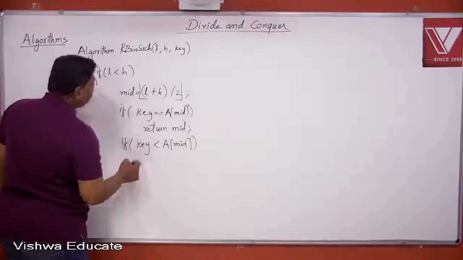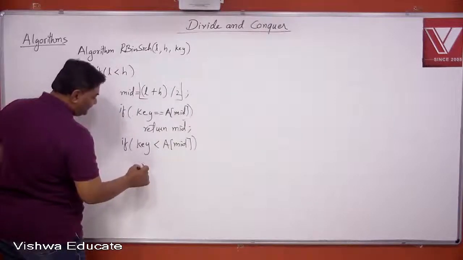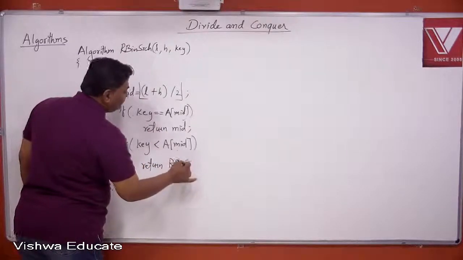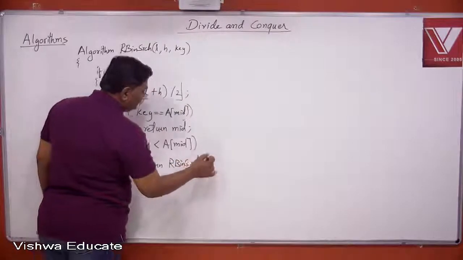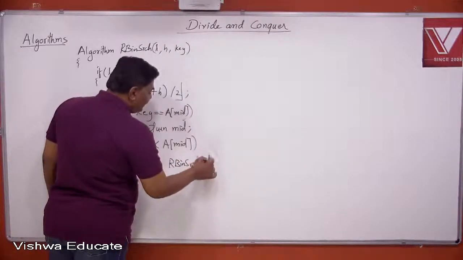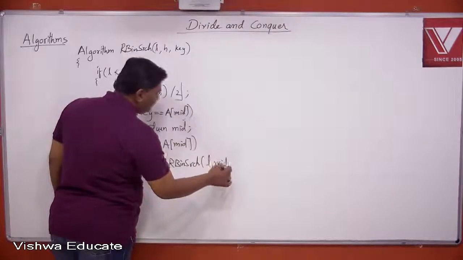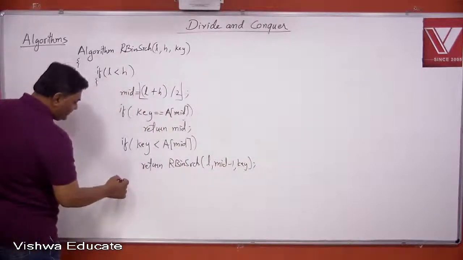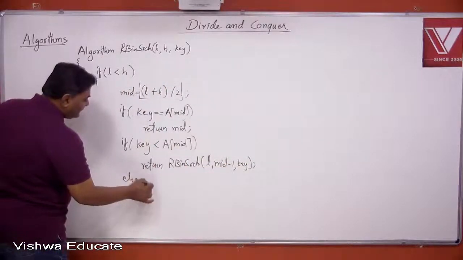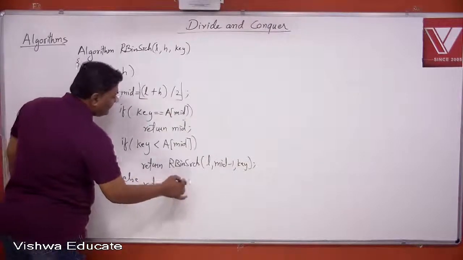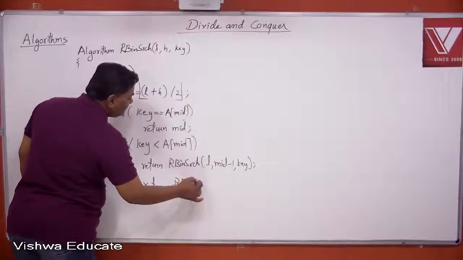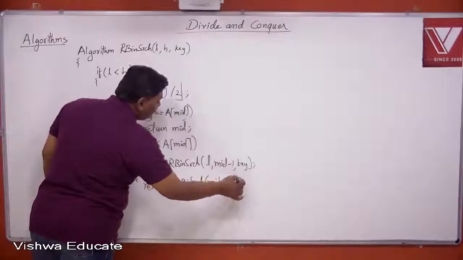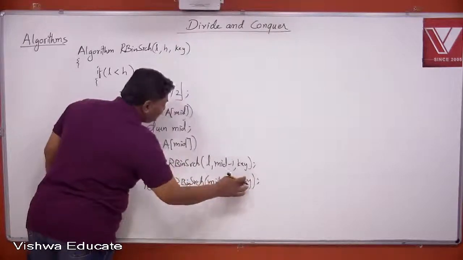Then we will call recursive binary search with a return statement, BINSRCH. Then it's on the left hand side, so low is as it is, high will be changed to mid - 1, and the key is as it is. We have already written this code. Otherwise, return our binary search with mid + 1, high as it is, and key sent as a parameter.